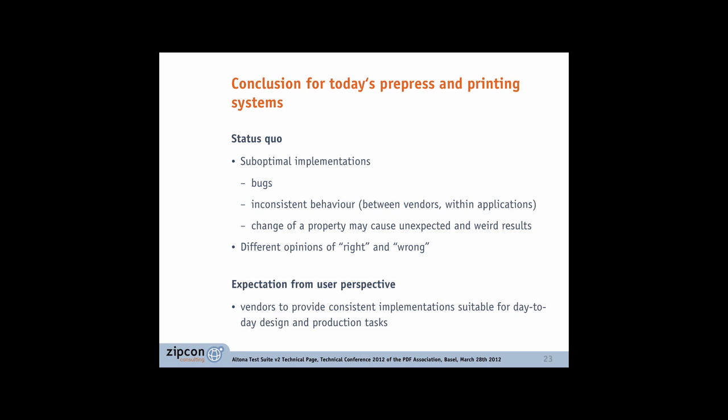So what we hope from the end user's perspective is that vendors provide consistent implementations that are suitable for day-to-day design and production tasks. This is just to say in brief what I hope will come from all of you in the room providing solutions, and mainly from Adobe, of course, because you are the reference.